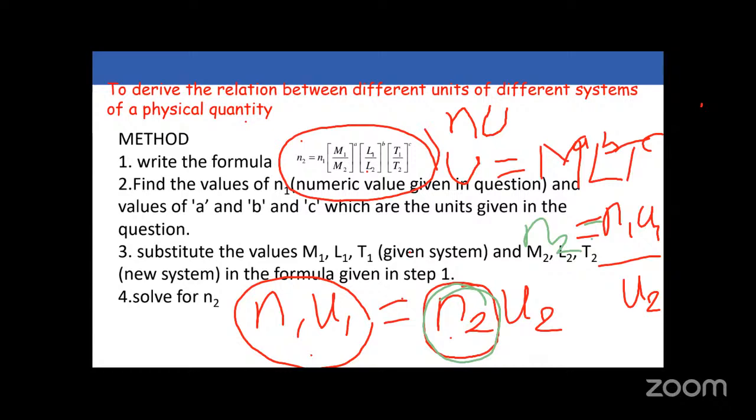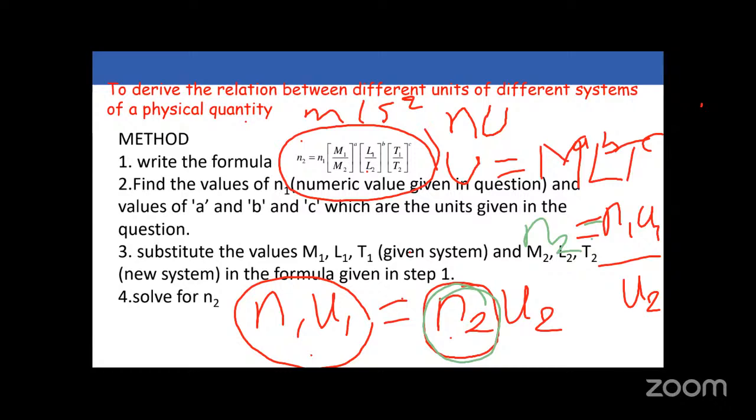For instance, if I have a unit of meter per second square, it means that M has a power of 1, S has a power of 2. So if M is A, it will be 1. If S is B, it will be 2.